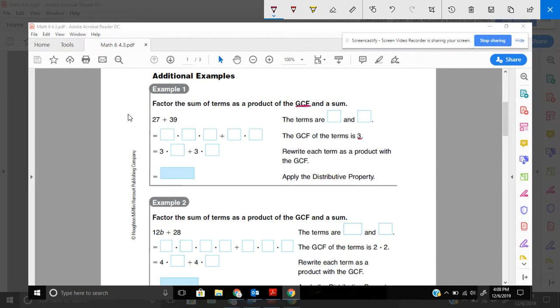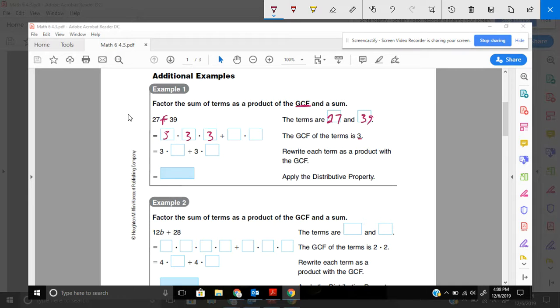The two terms are, the first term is 27, and the second term is 39. Now it wants us to rewrite 27 as a product of its greatest common factor. Well, 27 written in terms of being multiplied by 3 would be 3 times 3 times 3, because 3 times 3 is 9, 9 times 3 is 27.